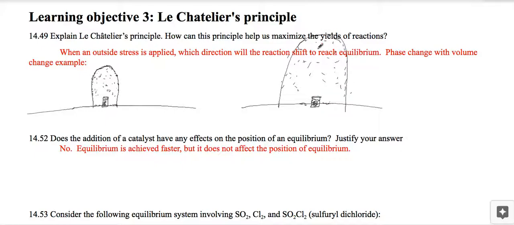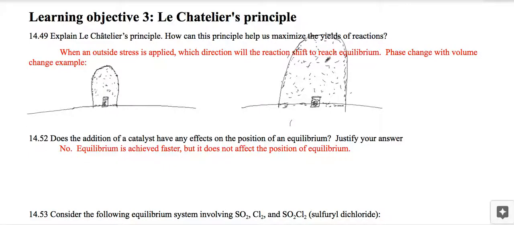But since we increase the volume, there is more space for the water to evaporate, and so more of the water is going to evaporate, more and more, until it starts condensing again on the table and reaches a new equilibrium. So in this case, if we change the volume, we end up providing more space for the gas to exist, and so the water is going to go into the gaseous phase more readily.